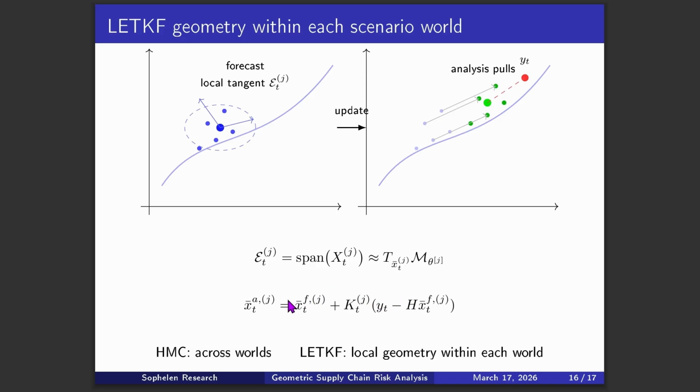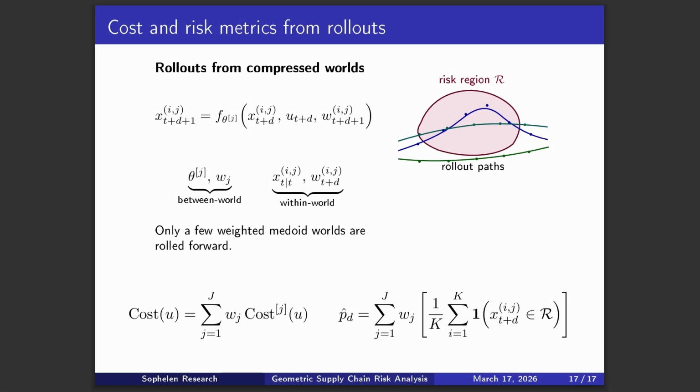And so basically, in the analysis, the final point that you pull to is just a weighted combination of these 2 points, right? So basically, you're trying to balance between observation and forecast. That's all.